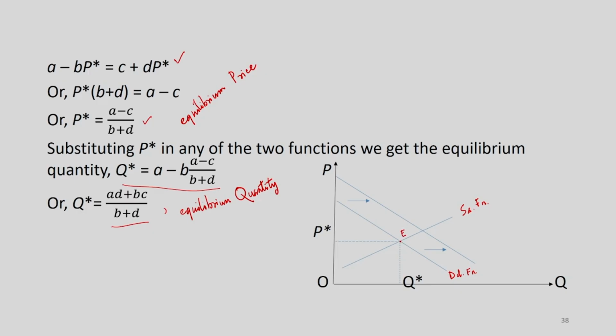Now, from this equilibrium point, I draw two perpendiculars on the horizontal and the vertical axis.